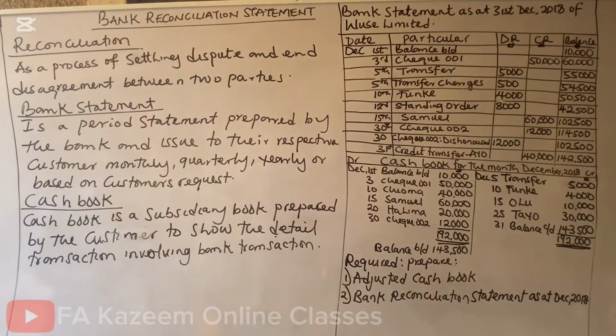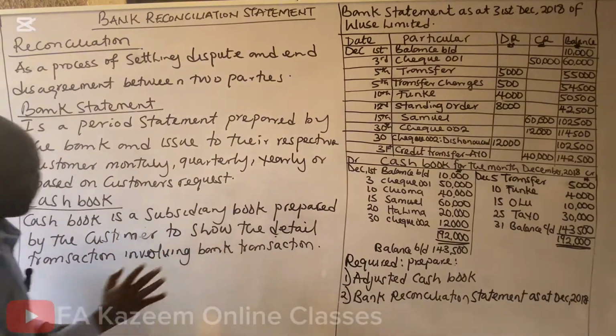Now, the question is this. The bank kept the bank statement. The customer kept the cash book, which is the bank column.